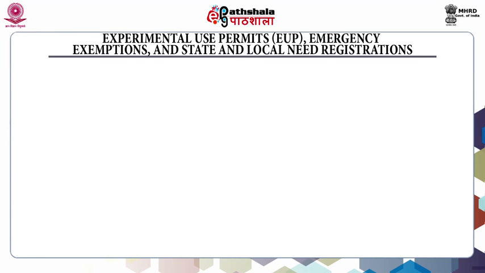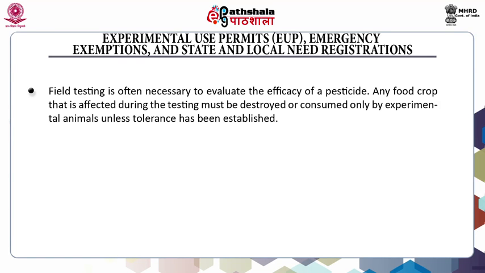Now coming to experimental use permits, emergency exemptions and state and local need registrations. Firstly, field testing is very necessary to evaluate the efficacy of a pesticide. If a food crop is affected during the testing, then that biopesticide must be destroyed or it should be consumed only by experimental animals unless a tolerance has been established.